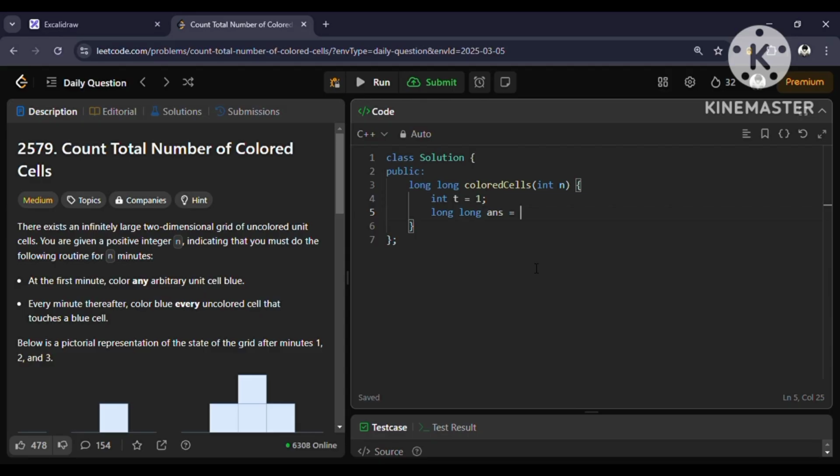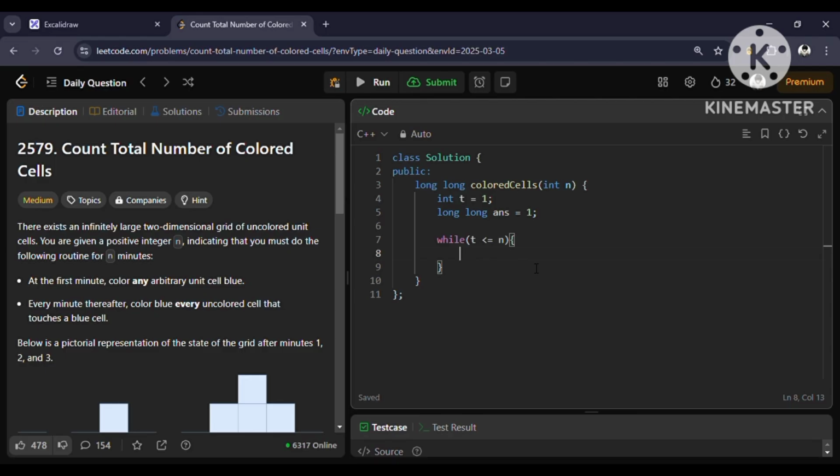So long answer. At first time, what is my answer? 1. Now create a while loop. The while loop will run as long as my t is less than or equal to n. As t is greater than n, break the loop.